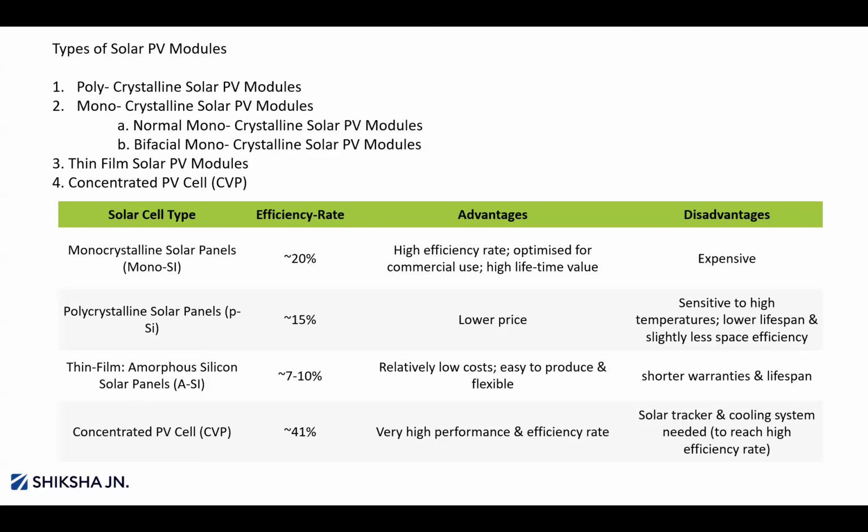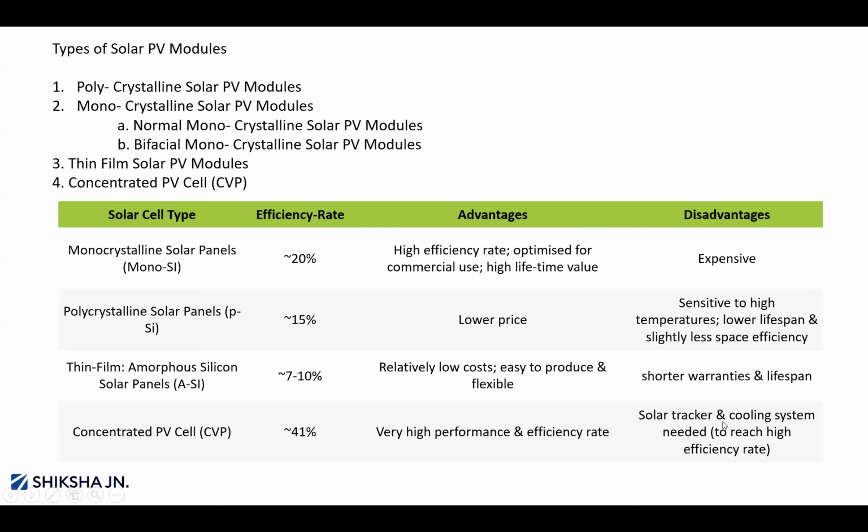Next, thin film modules. These are very low efficiency modules. I will show later where we can use this application. Concentrated PV cells have very high efficiency but a very high price, and they require maintenance.